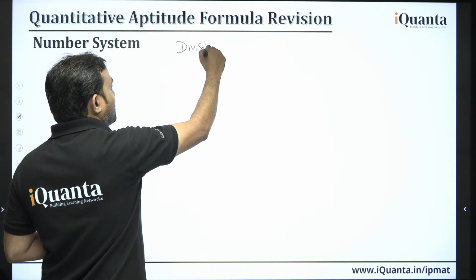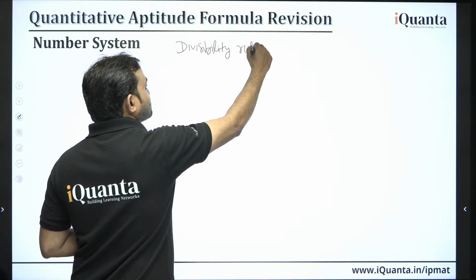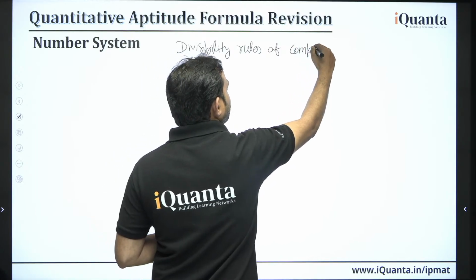Divisibility rules of composite numbers.